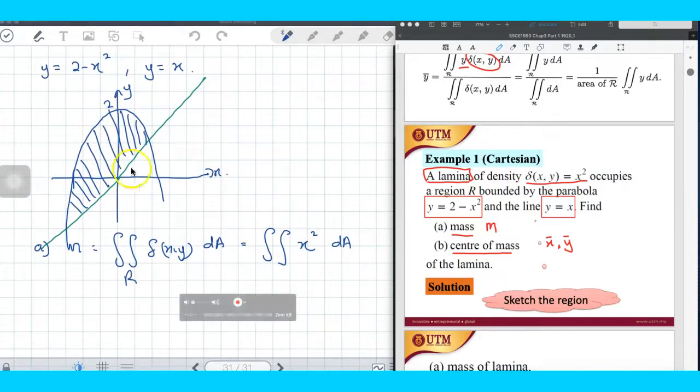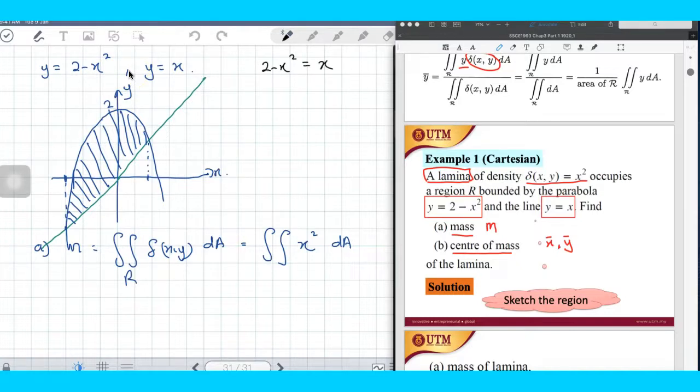But then, you can see the region is bounded by this point and also bounded by this point. Then we have to find the intersection point so that we can determine the limit of x. So how can we get the intersection point? You have to solve the two equations simultaneously, where you have 2 minus x squared equal to x.